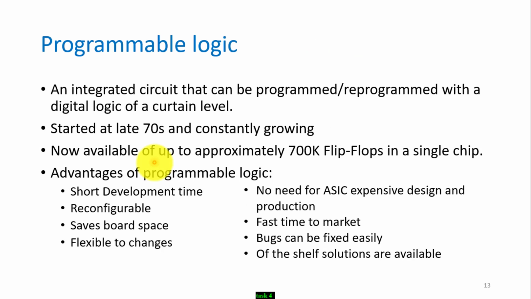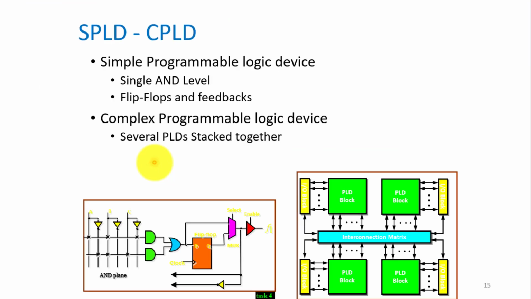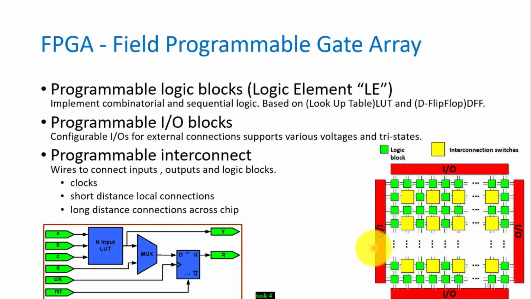So first we started with programmable logic, and if you recall, we started with the PLAs in level 2, Comp 2113. We talked about how to create a PLA. Then the PLA is developed into a complex programmable logic device where we have PLD, programmable logic device blocks, and start interconnecting all of these things together to create our final system.